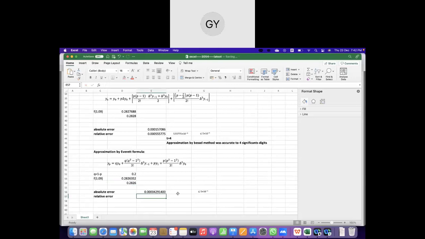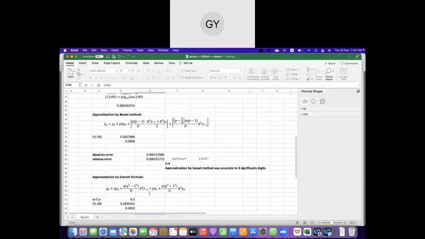Then the absolute error is 0.00004291400. Then we continue to find the relative error, which equals the absolute error divided by the exact value, which is 0.2826429114.